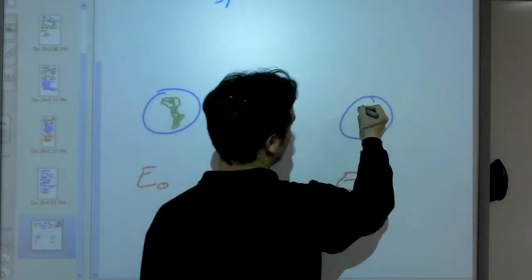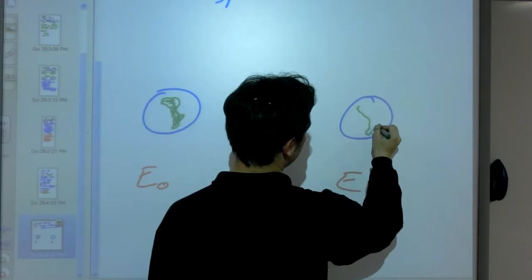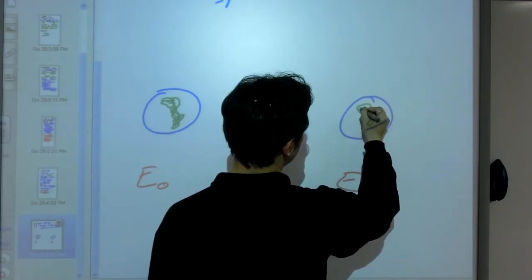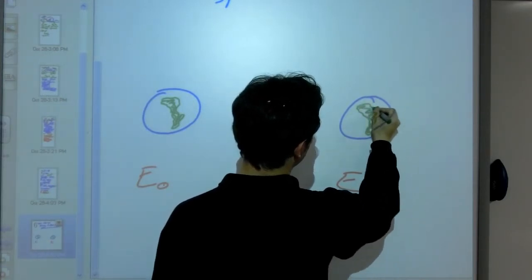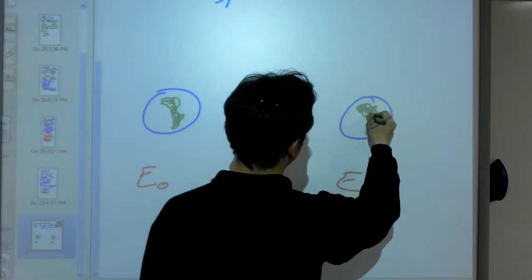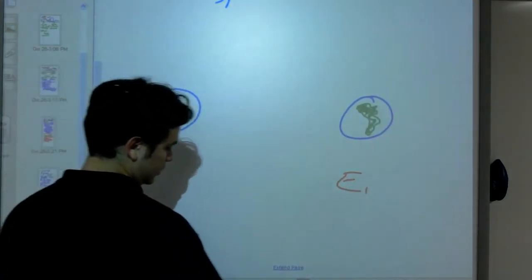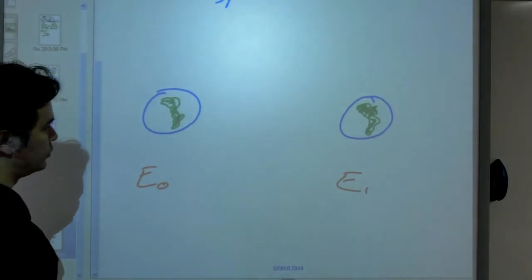So that's our Earth. Not the best drawing ever, but it'll do.